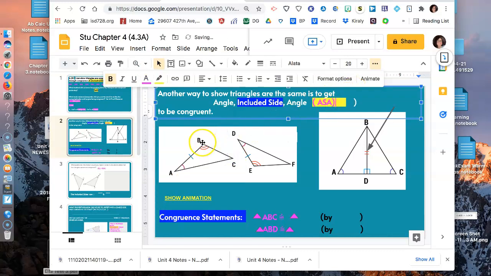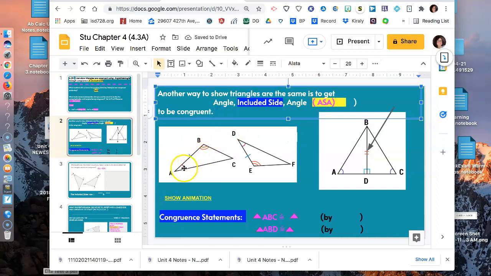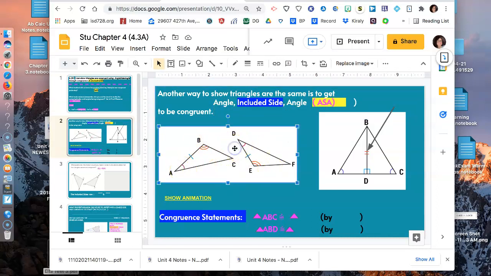So down here, I have one where I was given everything. This is the kind right here on the left that I've clicked on where you say, thank you, Mrs. LaRue, because I didn't have to work or think about anything. I've got angle A marked the same as angle D. I've got angle B with the double arcs marked the same as angle E.